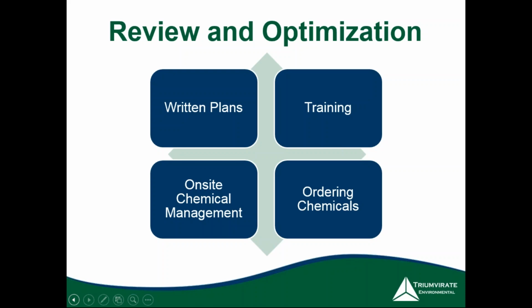And then the last part is ordering chemicals. If you have the right on-site chemical management, right training, the right written plans, ordering chemicals should go according to plan, but they don't always. A lot of times people that aren't trained right or don't have the right understanding of the chemical inventory will start circumnavigating the chemical inventory, and they'll just order chemicals outside of that and not follow the protocols they should to get those inventoried, and that can really deteriorate the integrity of your program as well.